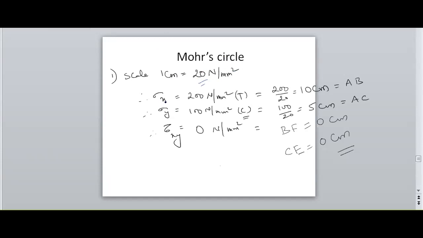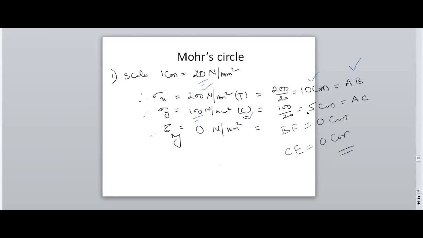So sigma x, he had given us 200 Newton per mm square tensile. Therefore 200 divided by 20, we will get 10 centimeters, which is the distance of A to B. And the second value sigma y is 100 he had given. So 100 by 20, which is compressive in nature.